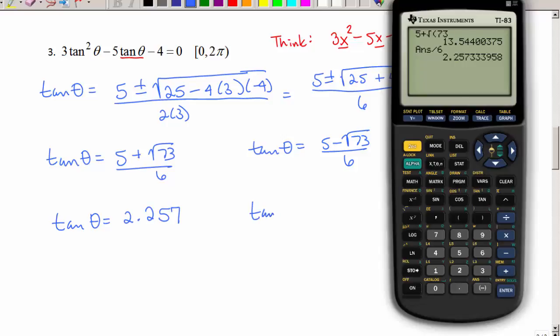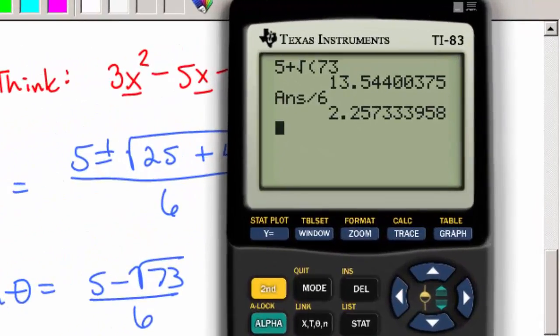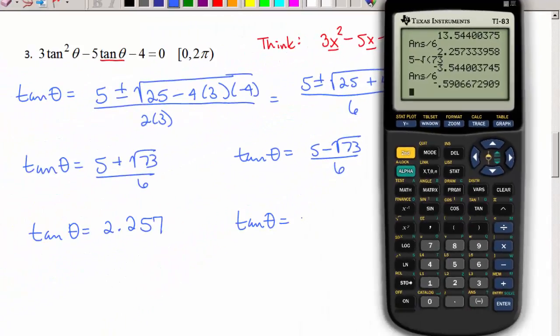Over here I have tangent of theta 5 minus the square root of 73, and again I'm going to hit enter, divide by 6, and I get negative 0.5907. Is that theta? No, that's just the tangent of theta.